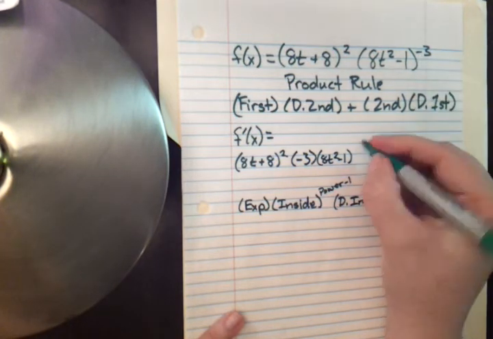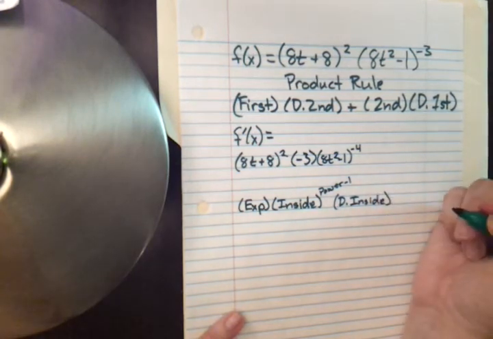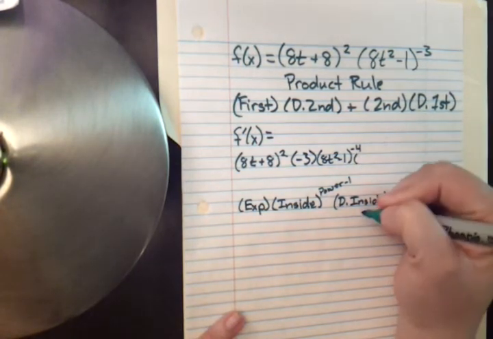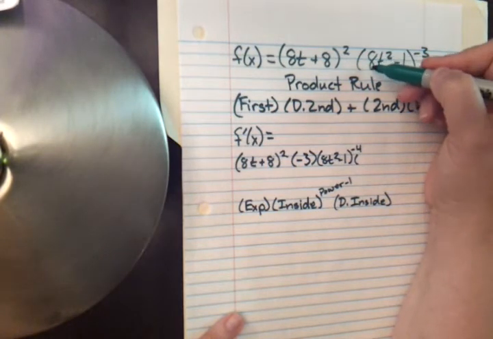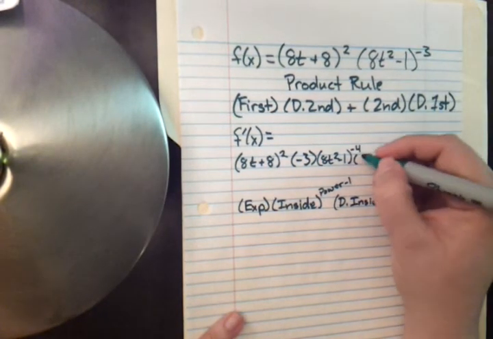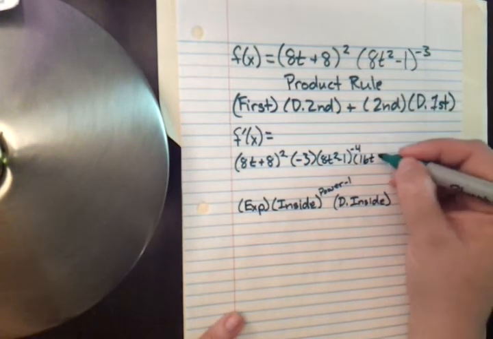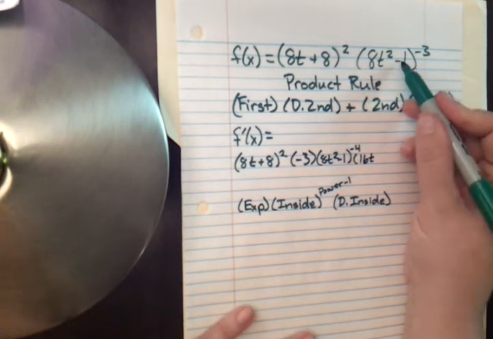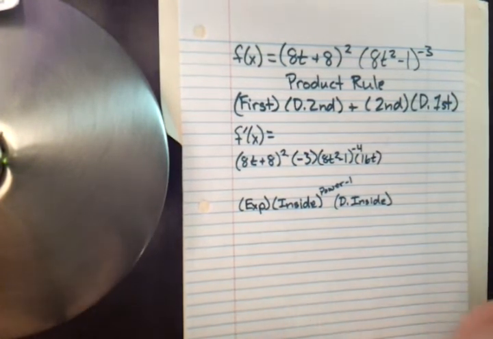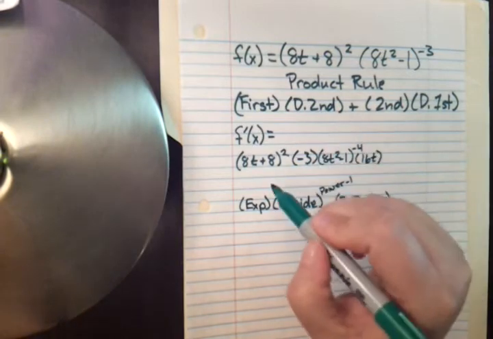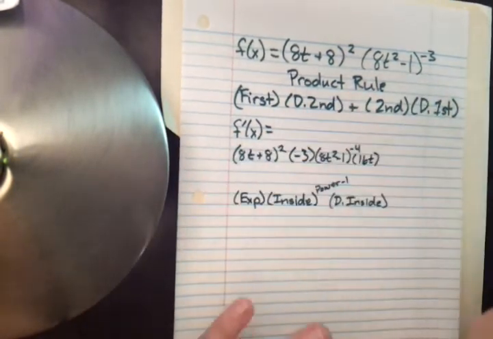Negative 3 minus 1 is negative 4. Now I multiply that times the derivative of what was inside. So 8t squared, I bring down the exponent, that's 2 times 8, so 16t, 2 minus 1 is 1, so I don't have an exponent there, and the derivative of the 1 is 0, so that's that. Not a big deal.